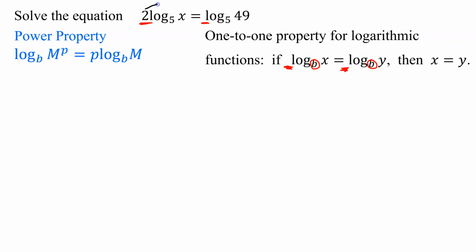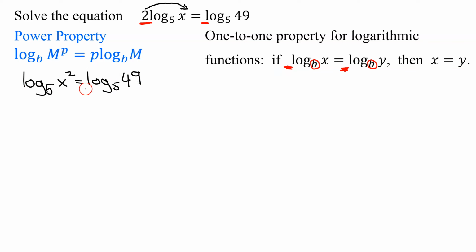My 2, I'm going to move it up, and it's going to become an exponent on the x, so I'm just going to get x squared. So now I'm just going to have log to the base 5 of x squared equals log to the base 5 of 49.